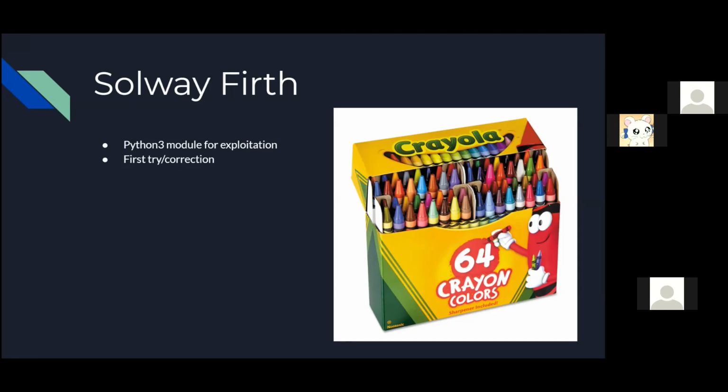Let's say the autopwner tries a buffer overflow to a function in the PIE segment, and that doesn't work, and all of our other first-try attacks didn't work. It will cycle through all of the attacks and try correction, which cycles through some of the common points of failure to iterate through them. I'm going to go into more detail later as to exactly how each attack works and what it does for correction.